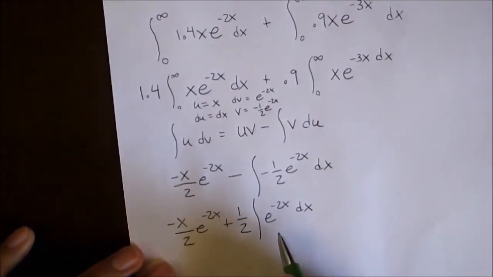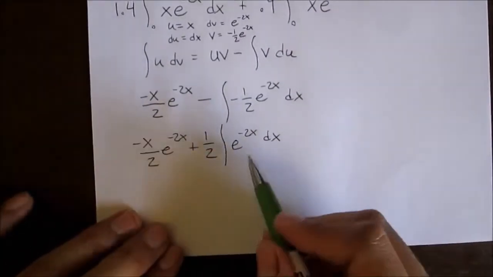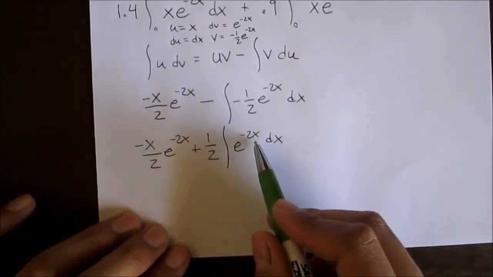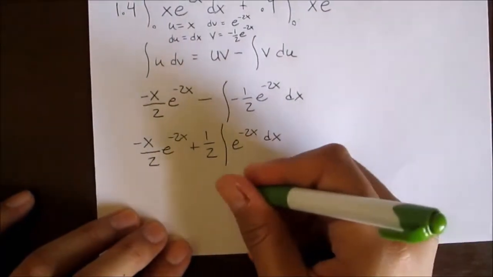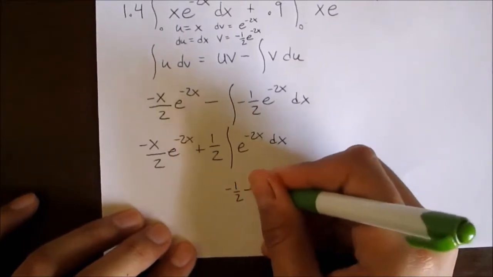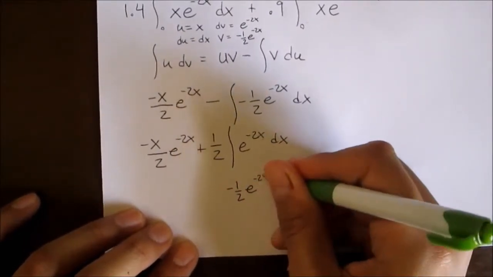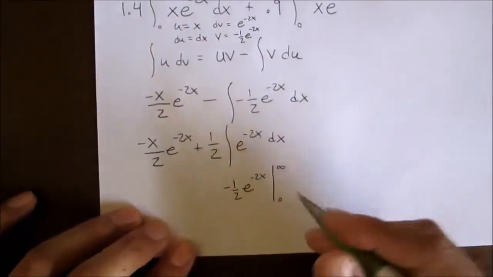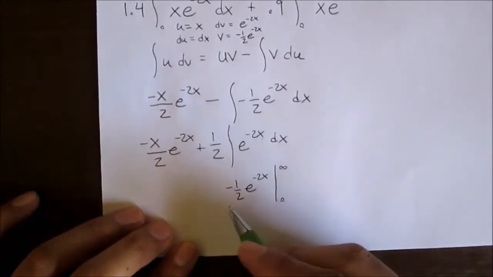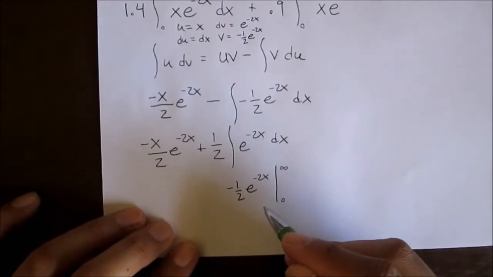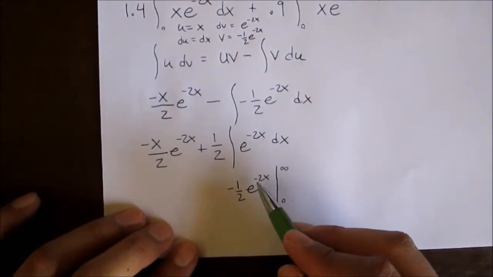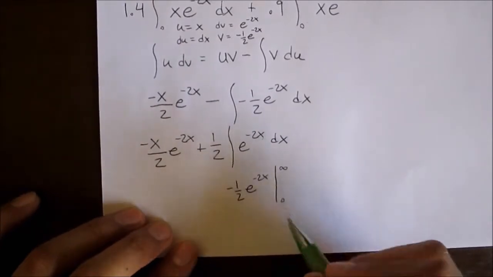Okay, and now this type of integration, like I said, this is a U-substitution, so this is going to be negative 1/2 e to the negative 2x evaluated from 0 to infinity. So at infinity, it's just going to be 0 because we have the infinity up here, and so that's going to actually cancel out.